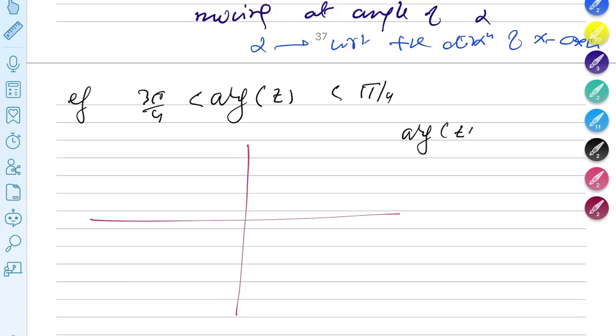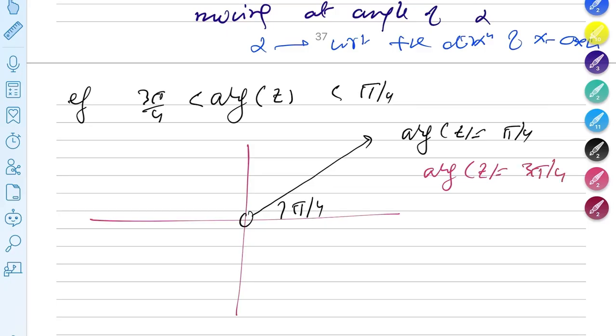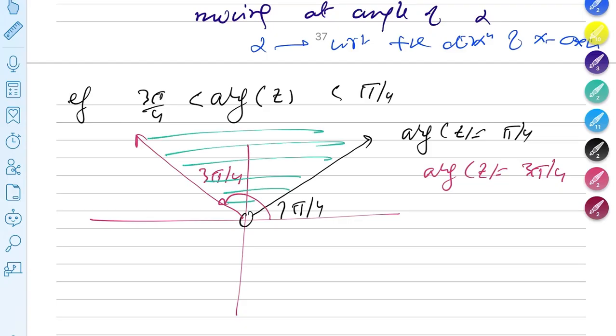One extreme is the argument of z equal to pi by 4, and the other is the argument of z equal to 3 pi by 4. They represent this. Now they say all arguments between 3 pi by 4 and pi by 4, so the argument of z may be pi by 2 also. So it represents all the values of z where the argument is between 3 pi by 4 and pi by 4.